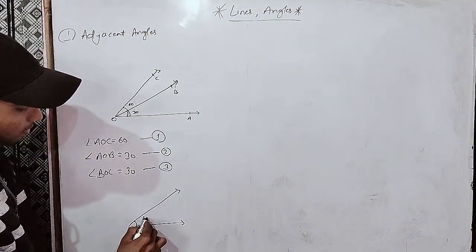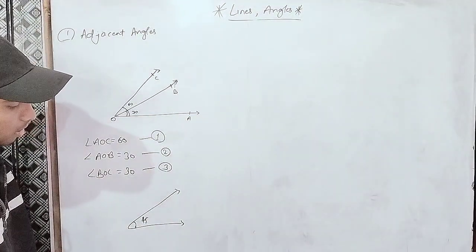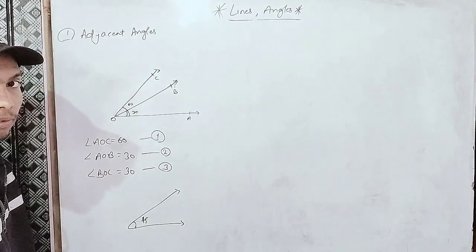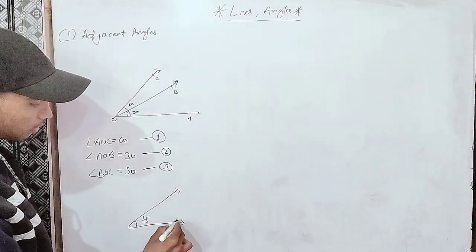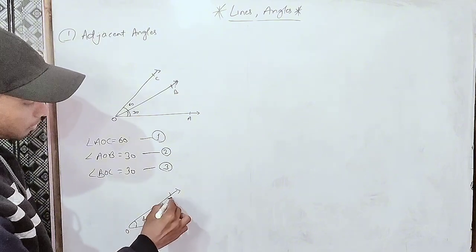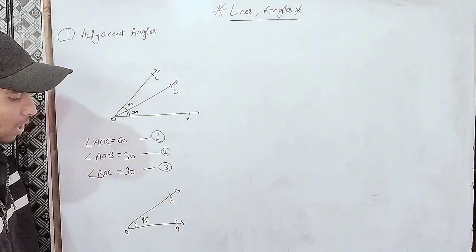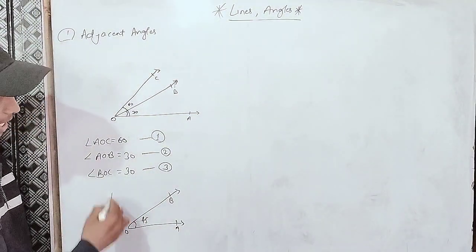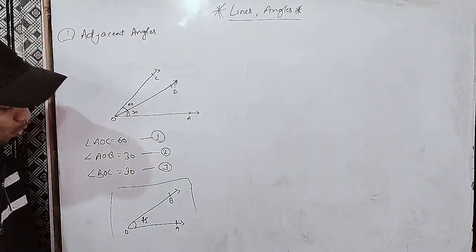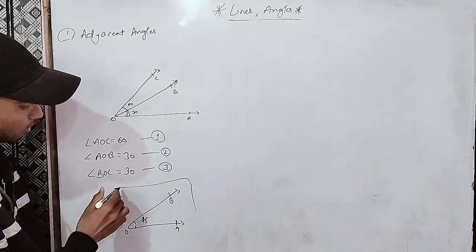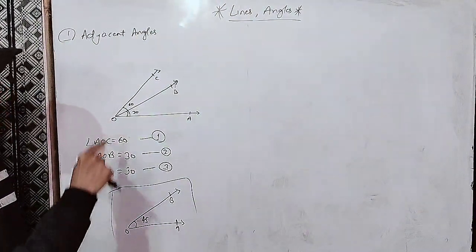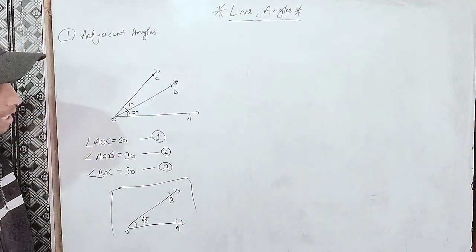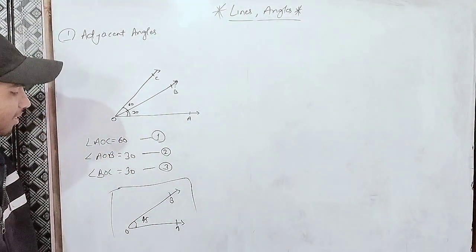We were discussing only one angle, with, let's say, the value of rotation of this being 45 degree. So of course we can say we have one angle. But in the case of this diagram, we have three angles.